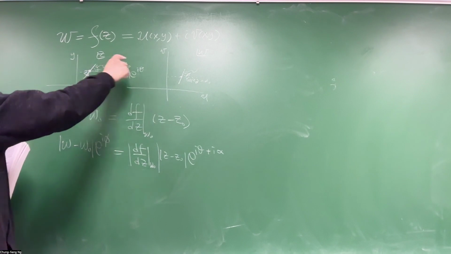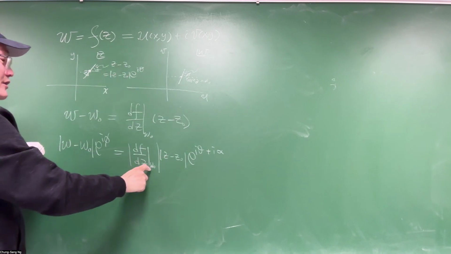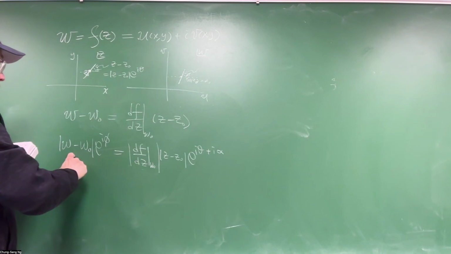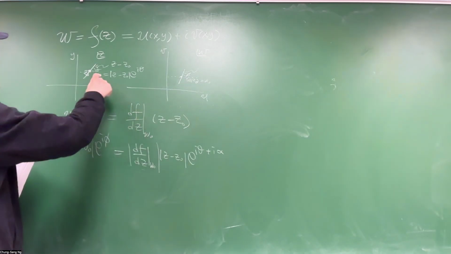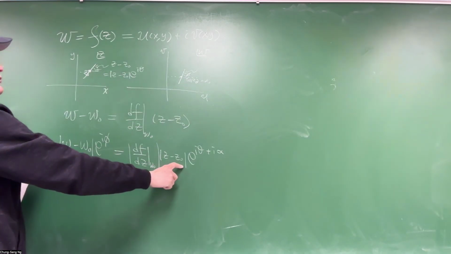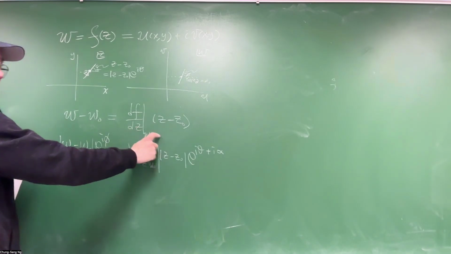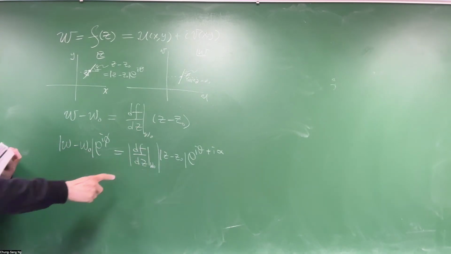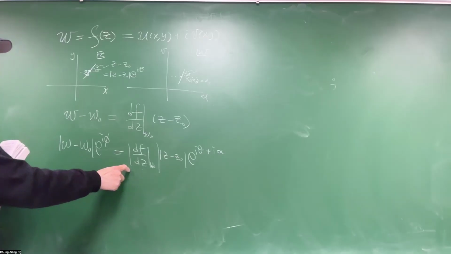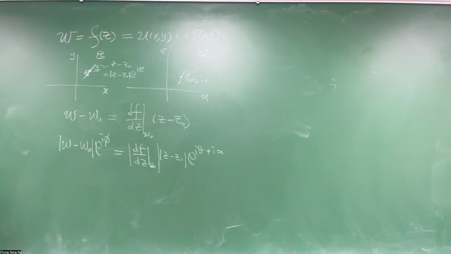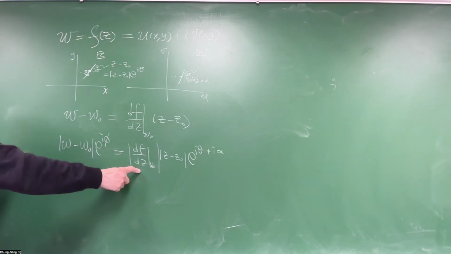is mapped from the original line. They changed two things. One, the magnitude changes from z minus c sub 0, but now you multiply by the magnitude of the derivative. So that either magnifies or shrinks, depending on whether df/dz is greater or smaller than 1, right?